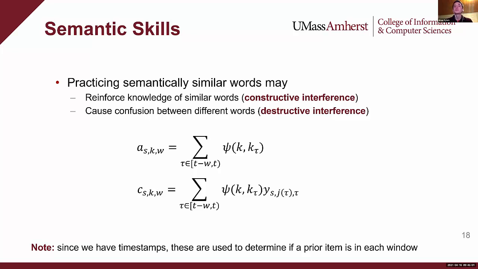So to do this, we define a semantic similarity function between the current word and all words that the learner has practiced in the past. For the attempts, we just use the similarity function. And for the correct counter, we use the similarity function multiplied by the recall probability at that time.